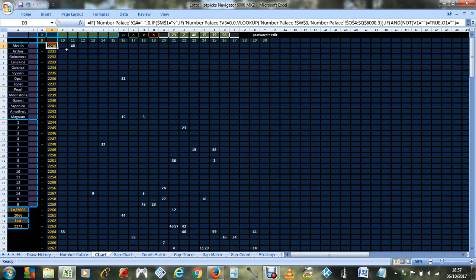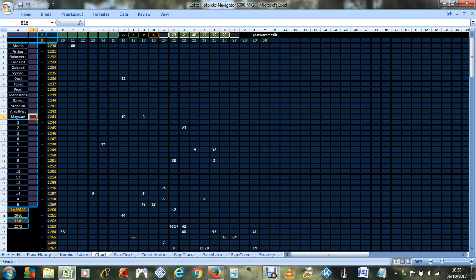Now, to make things really interesting, we set up parameters that allow us to only look at certain draws based on what machine was used, or whatever combinations of machines.